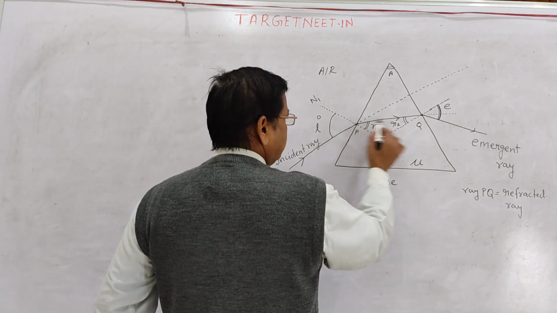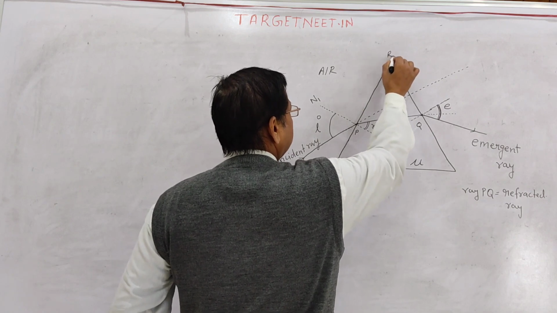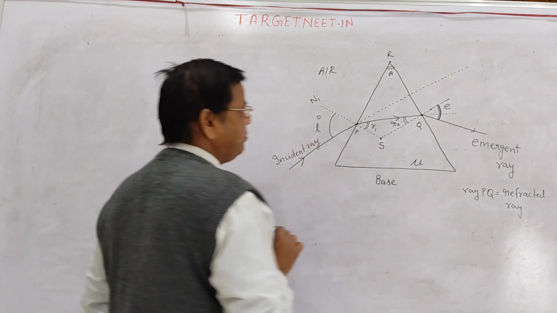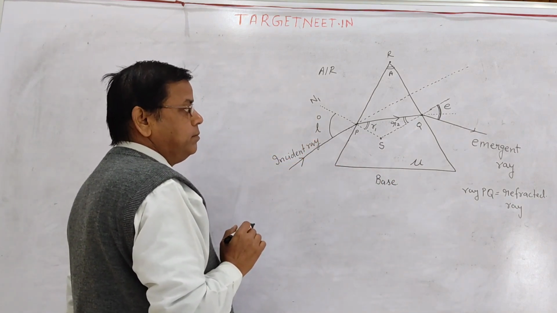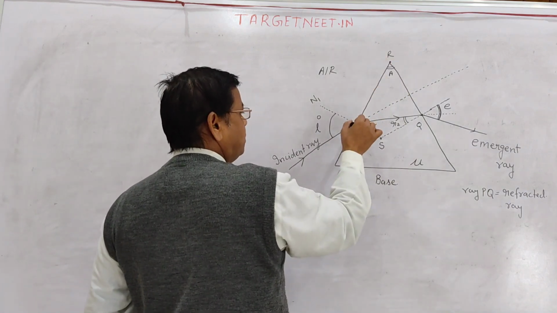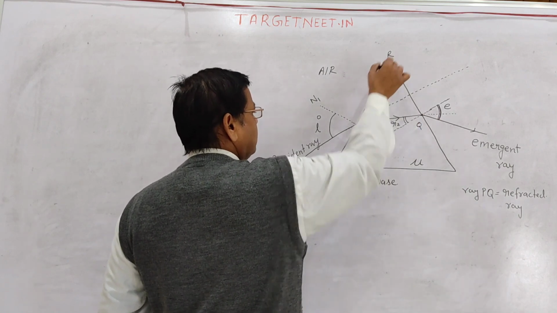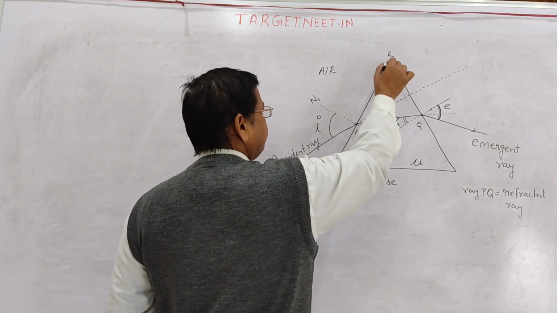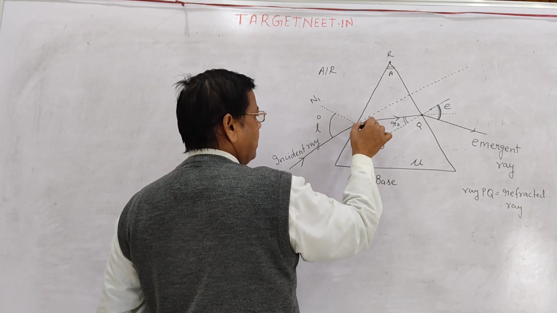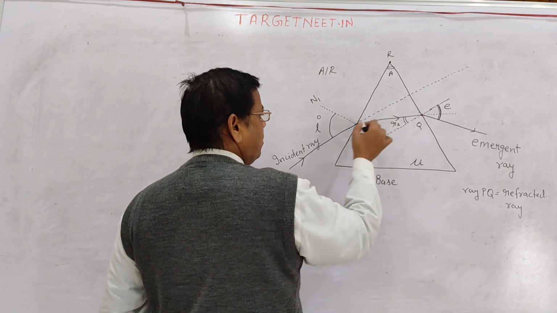This point is P, this point is Q, let this point be R, and this point be S. Then there is a quadrilateral R, P, S, Q. This quadrilateral is a cyclic quadrilateral because this angle is 90 degrees and this angle is also 90 degrees.